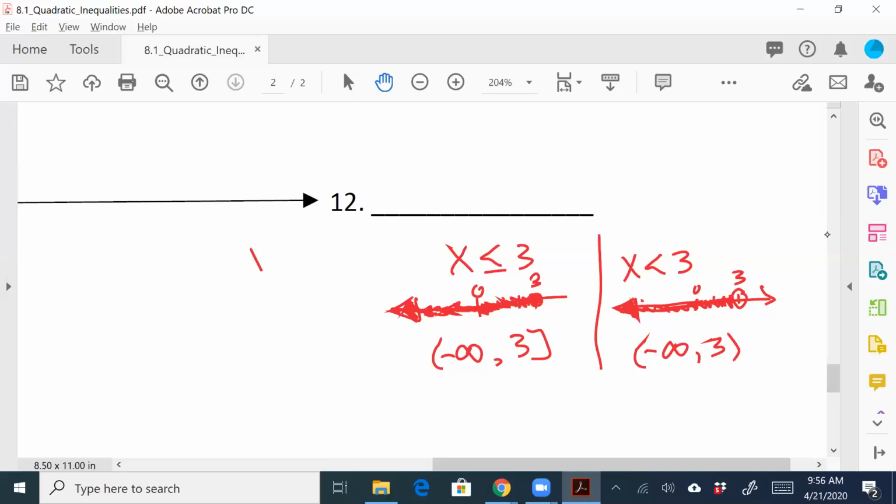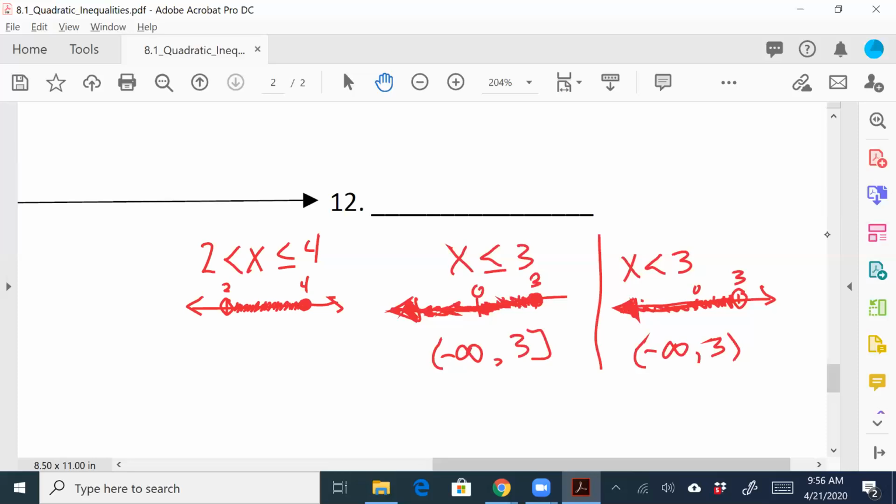Let's say we had x greater than 2, less than or equal to 4. In this case, we're sort of combining our symbols a little bit. If I had 2 here and 4 here, at 4 I'd use a filled-in dot, and at 2 I'd use an open circle.